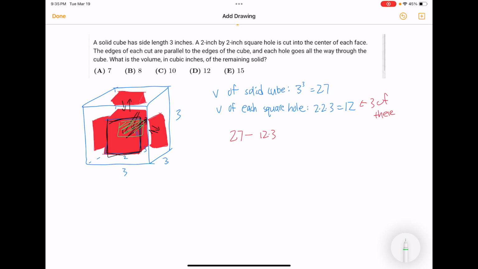And so we have 3 square holes in all, and then you have to subtract the volume of the center square hole, and you have to multiply that by 2 because we're overcounting it twice.